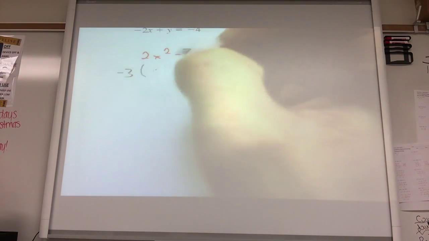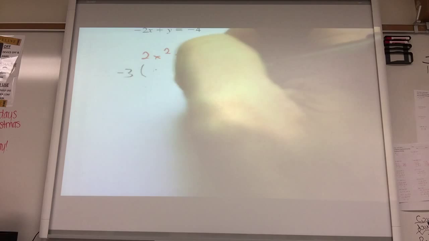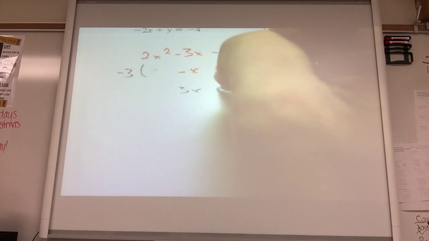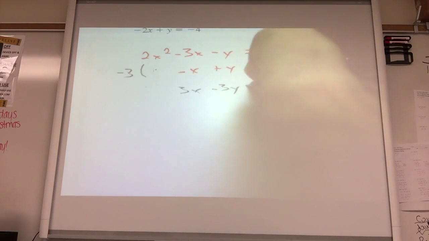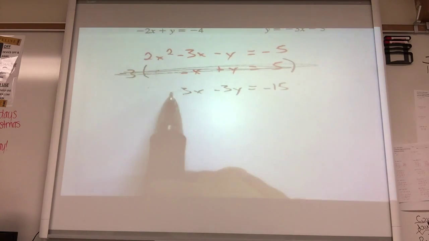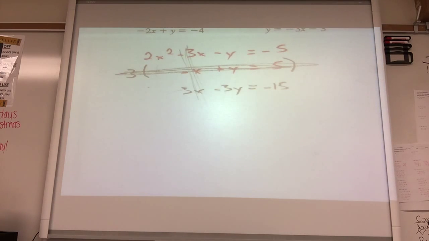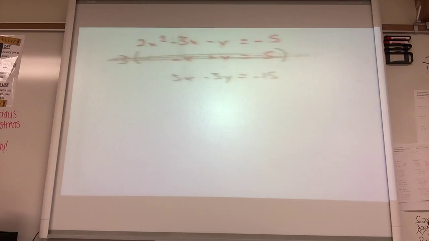If I did that, on the bottom equation I'd have 3x, and then minus 3y equals negative 15. That's the equation that's multiplied by negative 3. When I add them together, notice my x's would cancel. I could do that, but I'm actually creating a lot more work for myself than I have to.